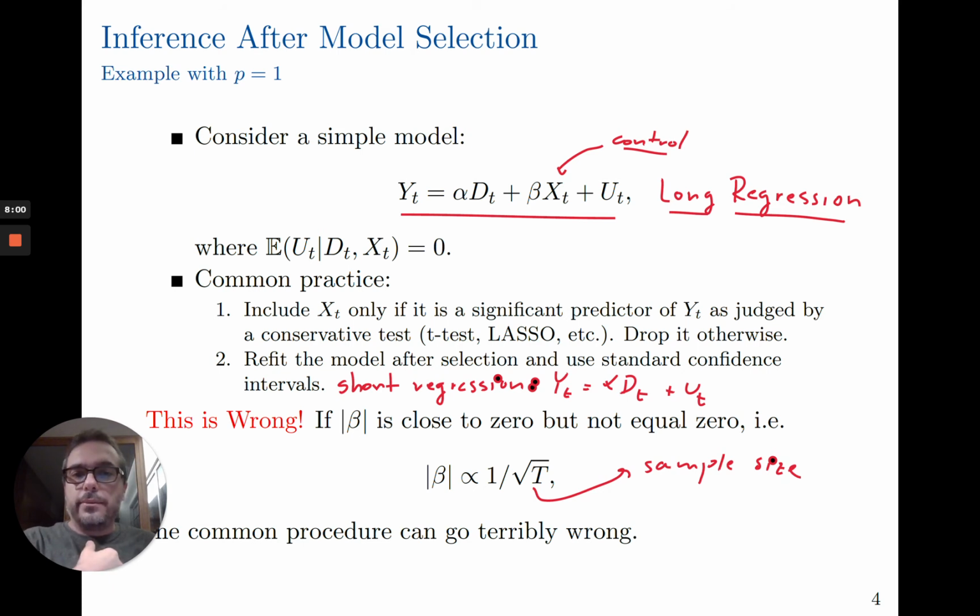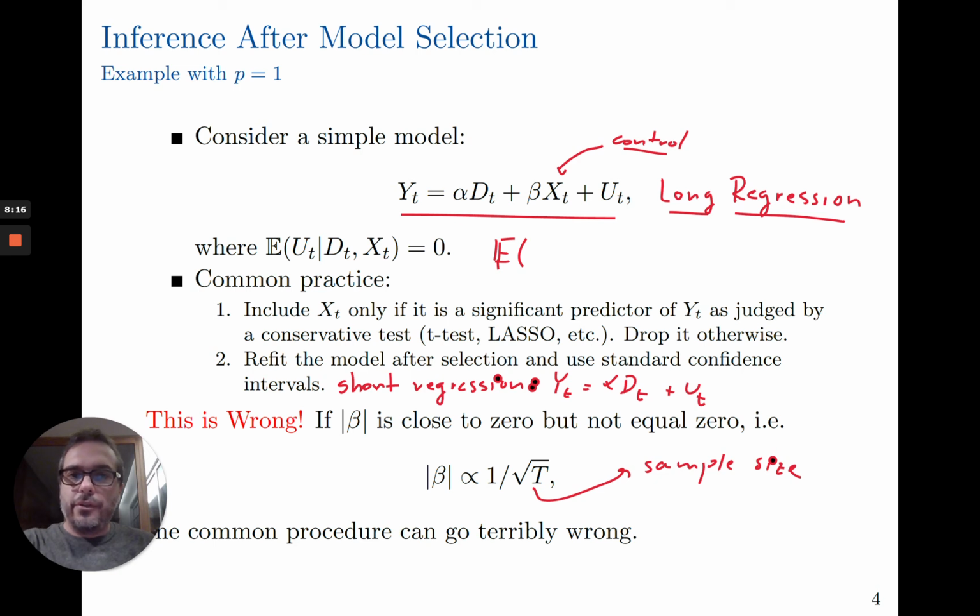We know that if x is uncorrelated with d, okay, let's write it in a little bit stronger condition.